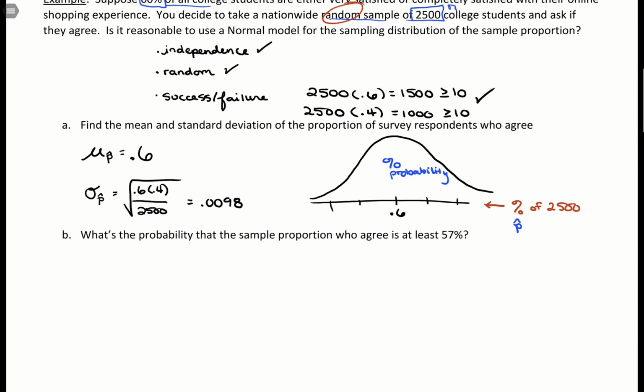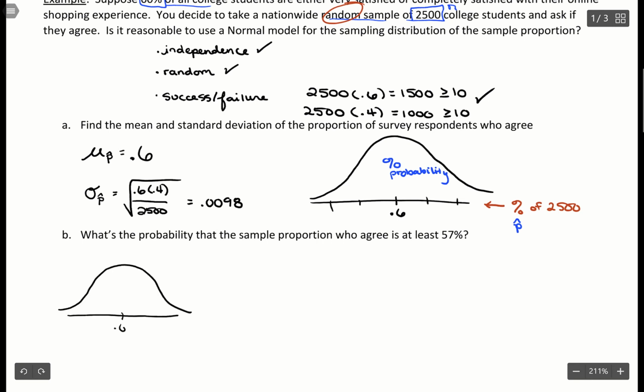What's the probability that the sample proportion who agree is at least 57%? So if we have our curve, what we're doing here, where we're centered at 0.6, is we're going to 0.57. So we're over here. And we want the probability of at least 57%. So with that, we're finding this area to the right.